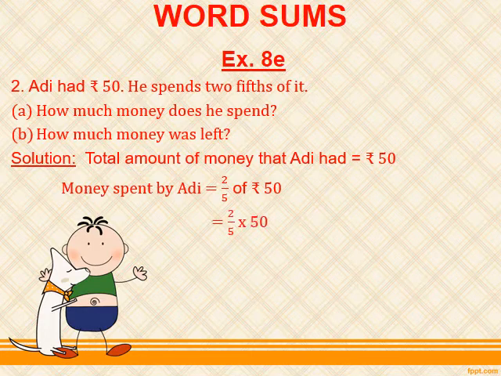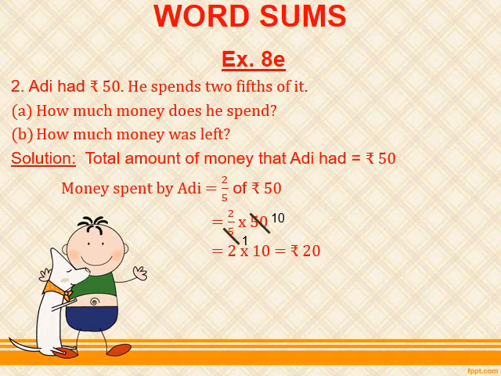This can be written as 2 by 5 multiplied by 50. Now children, we can divide 50 in the numerator and 5 in the denominator by the common number 5. So 50 divided by 5 is equal to 10, and 5 divided by 5 is equal to 1. So this is equal to 2 multiplied by 10, which is equal to rupees 20.